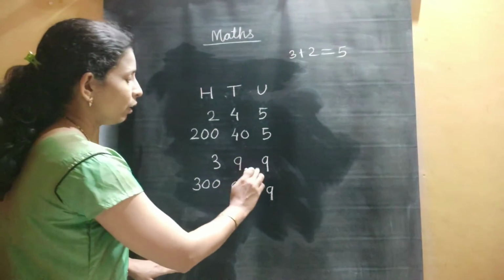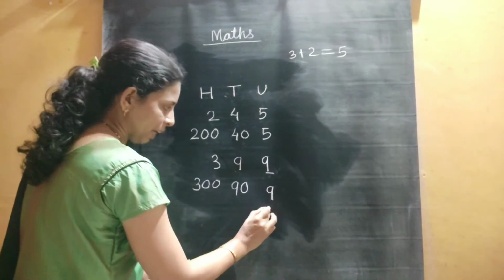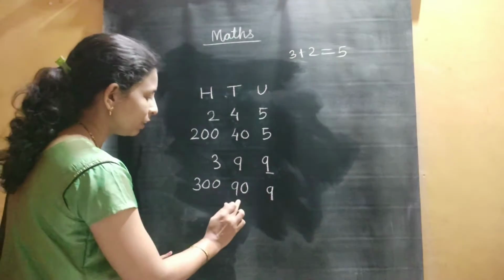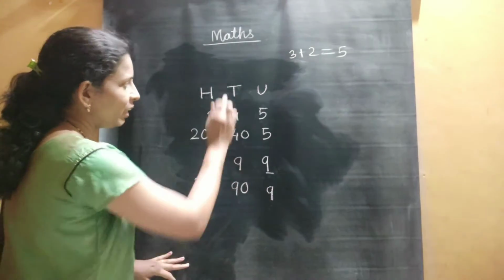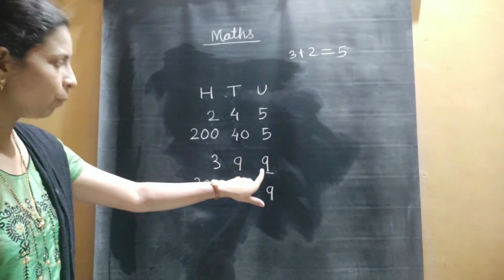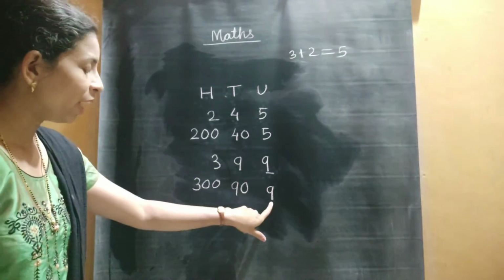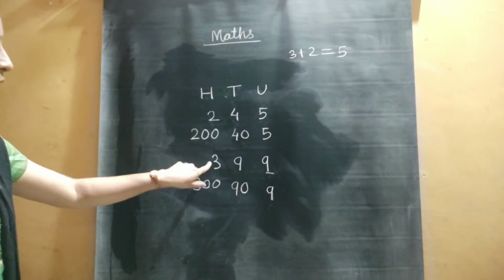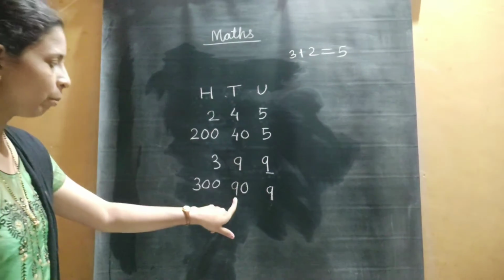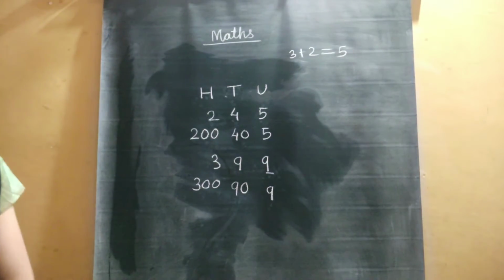The place value of this 9 is 9, but the place value of this 9 is 90, because it is 9 tens. This is 9 units and this is 9 tens, so place values are changed. So 3 hundreds means 300, 9 tens means 90 and 9 units means 9. Okay students?